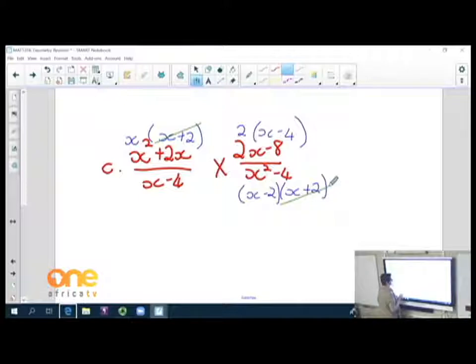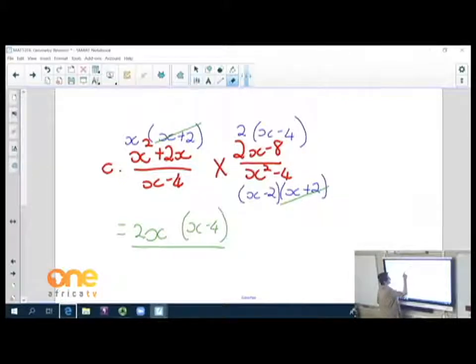And that's it. So my answer is then x, actually 2x, because the 2 is also there, x minus 4, and this is then over, oh no, sorry, this one can cancel out with this one.